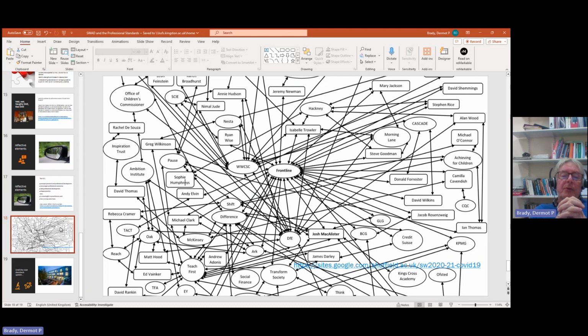And he spent a bit of time, maybe a bit too much time, mapping some of the more recent arrivals into social work. You can see social work, the front line, very much there at the center of it all. Some of those names you might recognize, some of them perhaps not. Teach First, some of the organizations, obviously DfE, things like that.